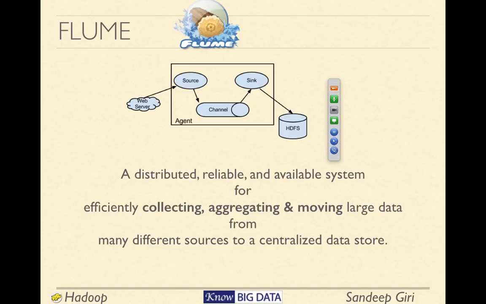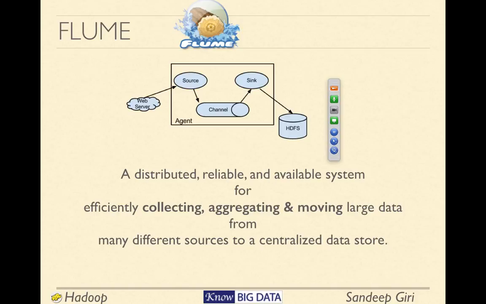The reader, which is source, understands how to read the data from a particular format and puts it into the channel, and then the writer, which is your sink, reads the data from the channel and purges it into the target. So these are the three components which make up the agent.